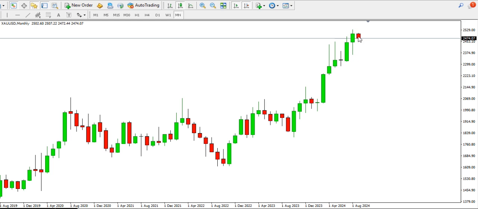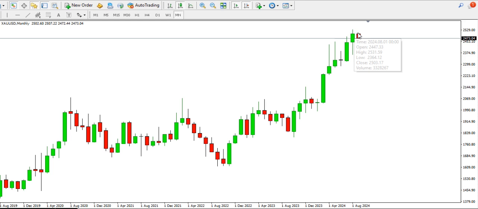Now this current month of September, just today is the 4th day of September, we can see that this month is also replicating what we had last month, where price will initially drop at the start of the month and then get back to where it started from and start to go up.